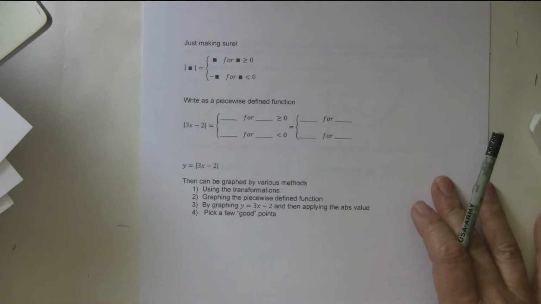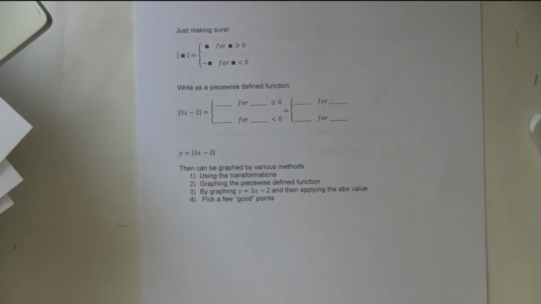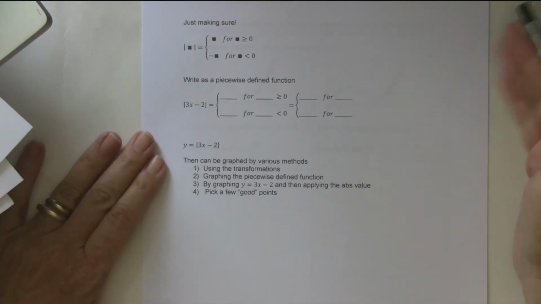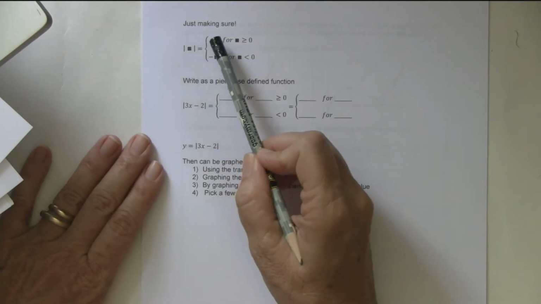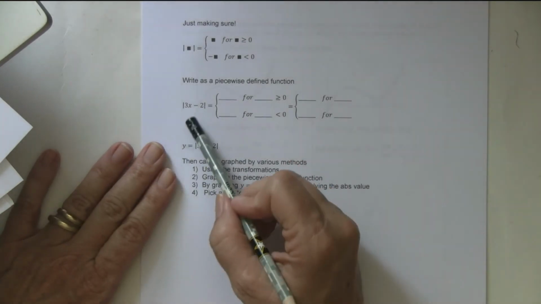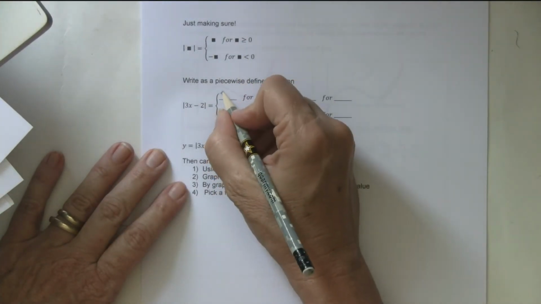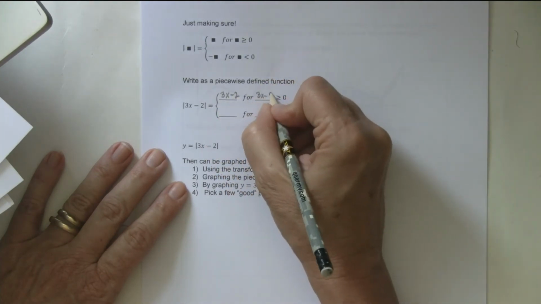Okay, and then just making sure, I just want to make sure that everyone sees that whatever you have in here is going in these 4 spots, and then you're fixing it up. So since I have in here 3x minus 2, right here would be 3x minus 2. Right here would be 3x minus 2.